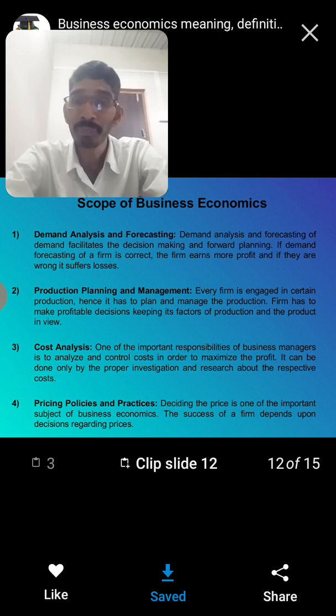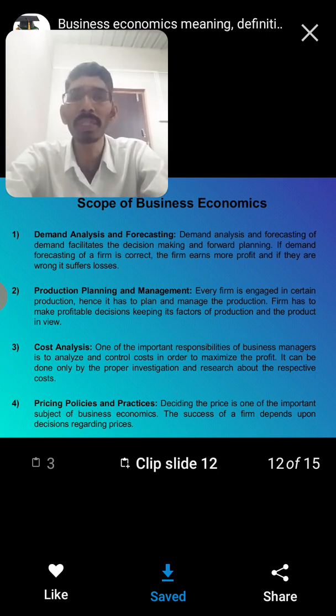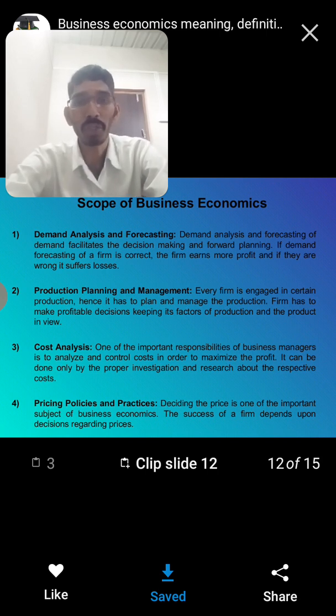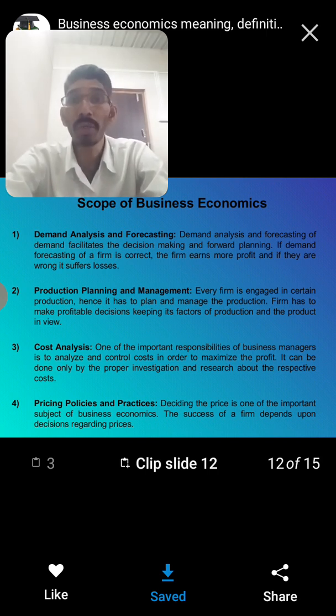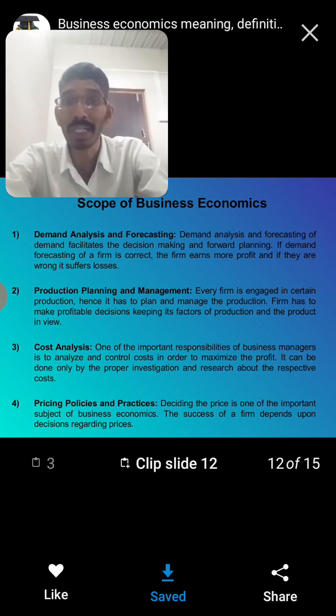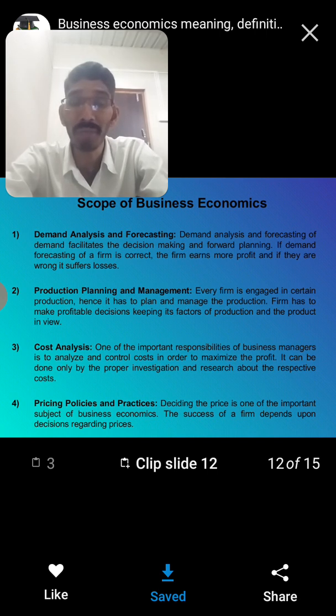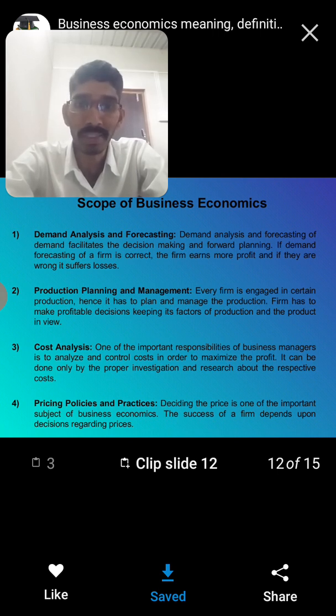The next one is pricing policies and practices. This is also very important: after the production of goods and services, how do you fix the prices of the products so that they attract customers and are reasonable for them? That is also one of the important studies of business economics. Pricing policy and practice, deciding the prices, is an important subject in business management.